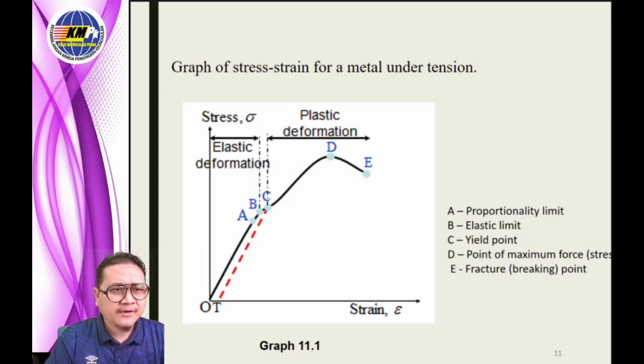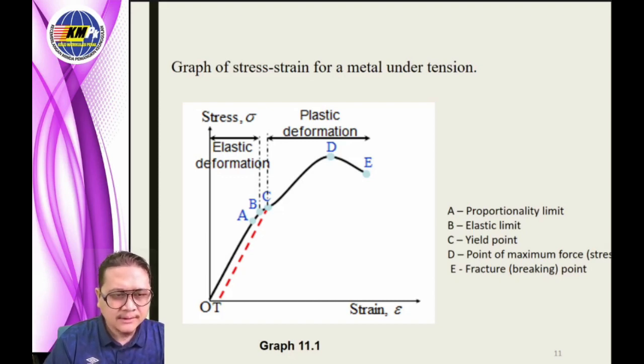This is the graph of stress over the strain, and the stress strain graph has several points from O point to A, B, C, D, and E. Every point describes different character, different behavior of a solid under the stress and strain equation.